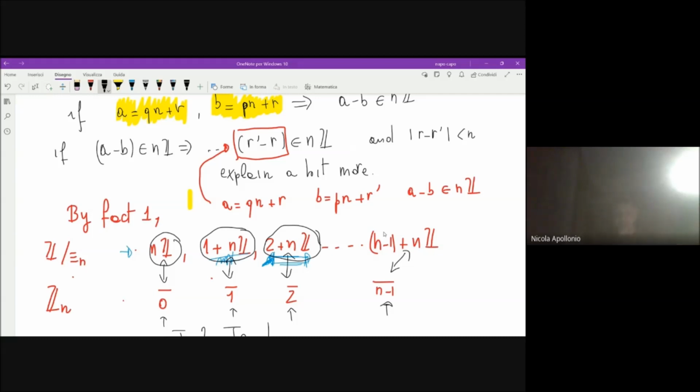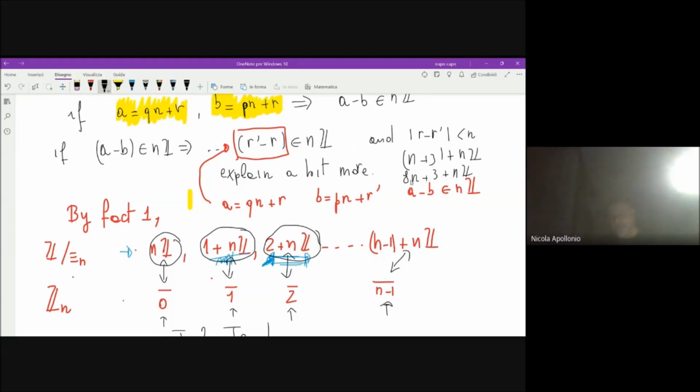Because this is already counted, this is already in the set 3 plus nZ. But 8n plus 3 plus nZ, what is it?